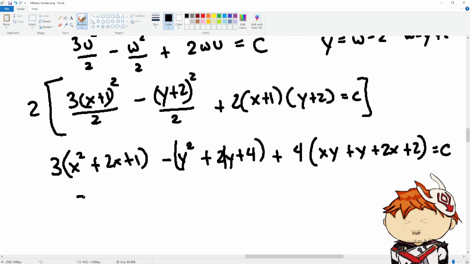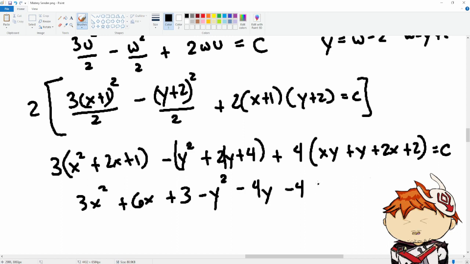So this will become 3x squared plus 6x plus 3 minus y squared minus 4y minus 4 plus 4xy plus 4y plus 8x plus 8 is equal to c.